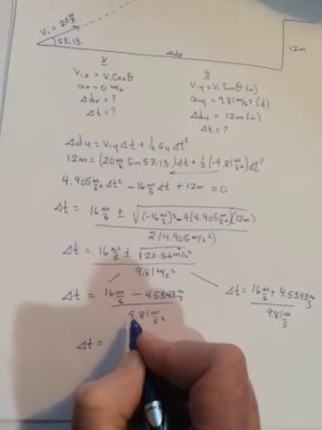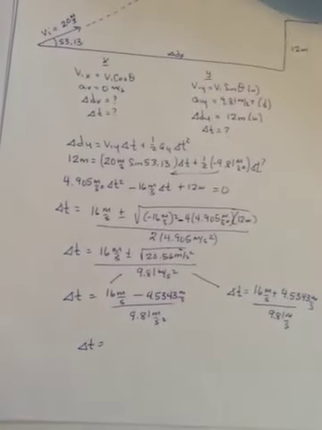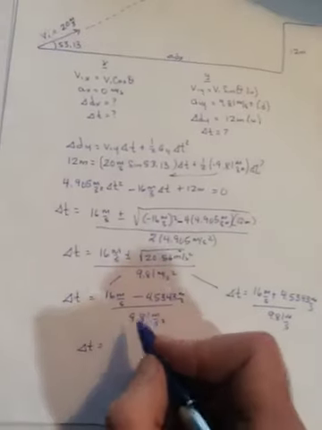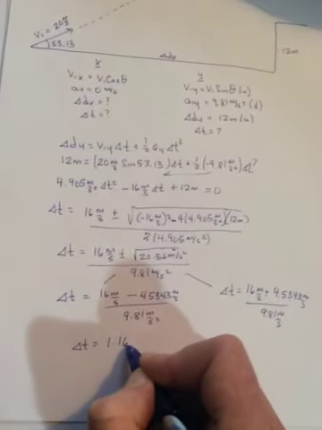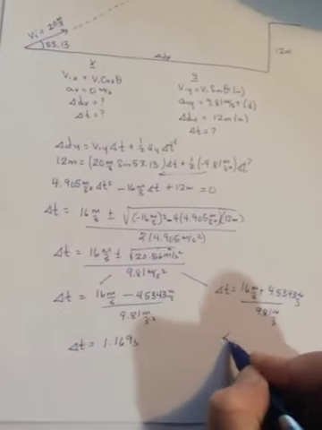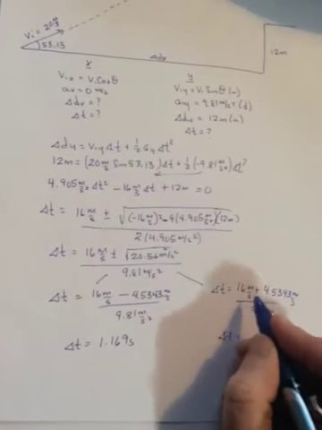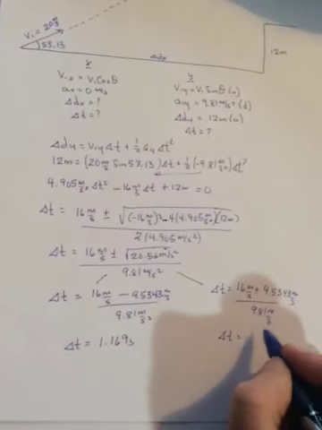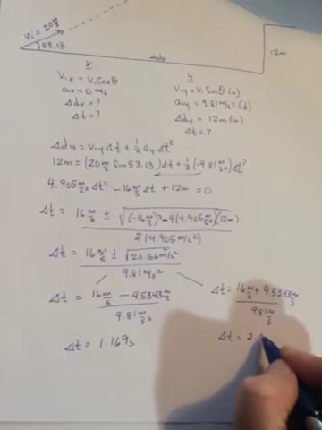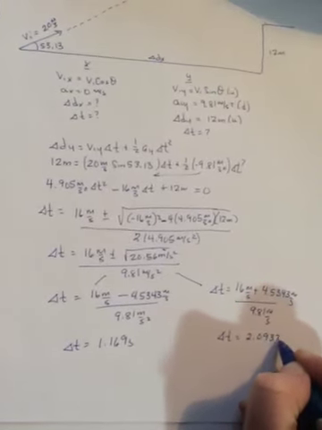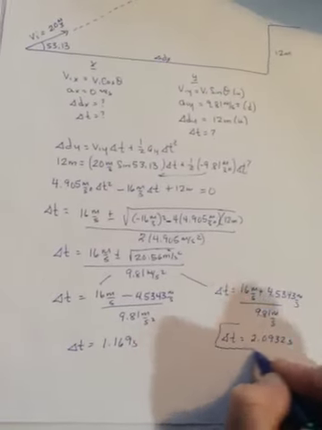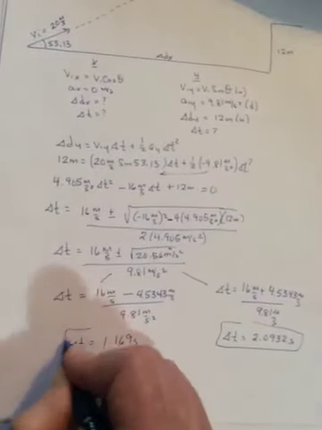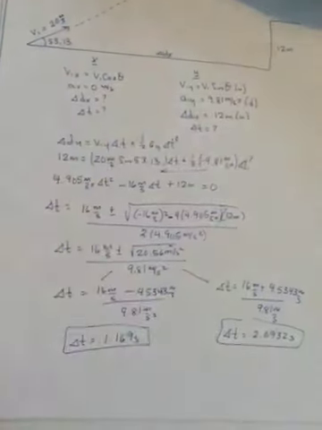This one's going to be 11 point something over 9.81, 1.169 seconds, and this one's going to be 20.53 over 9.81, 2.0932 seconds.